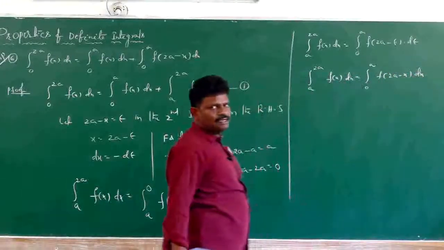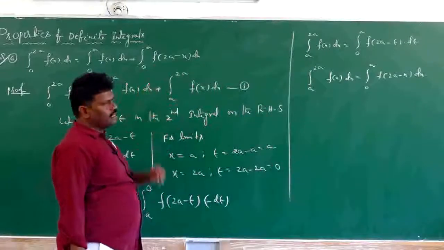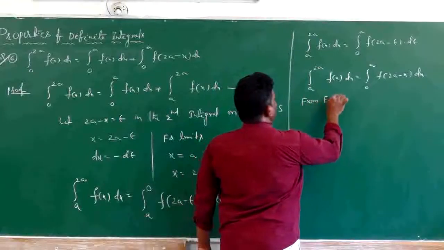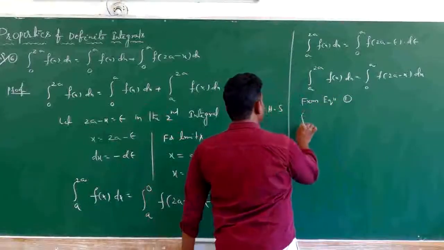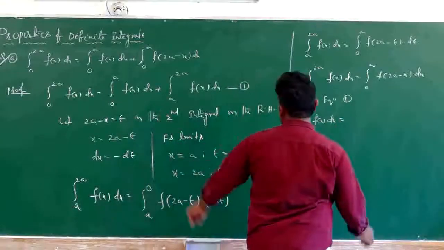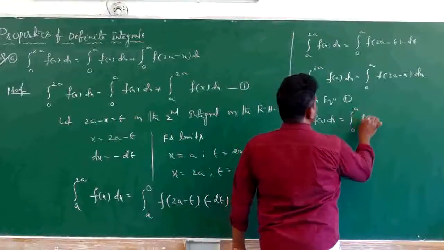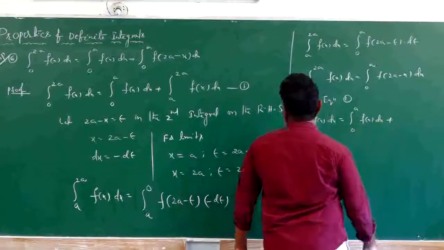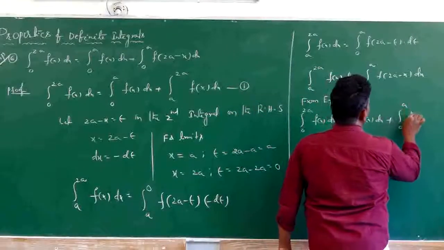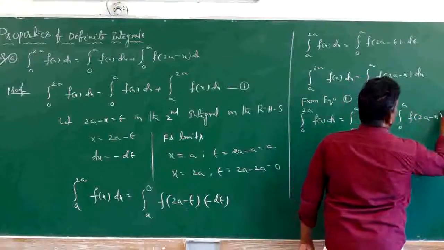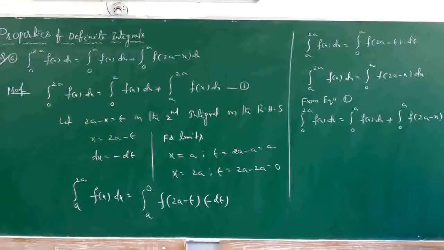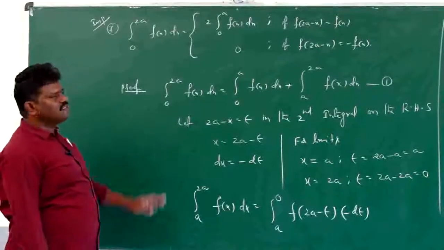Now if we substitute this value in equation 1, integral 0 to 2a f of x dx is equal to integral 0 to a f of x dx plus integral 0 to a f of 2a minus x dx. So this is the seventh property.